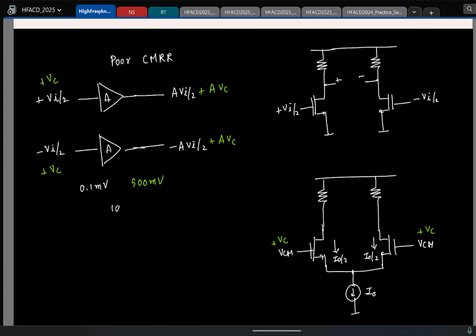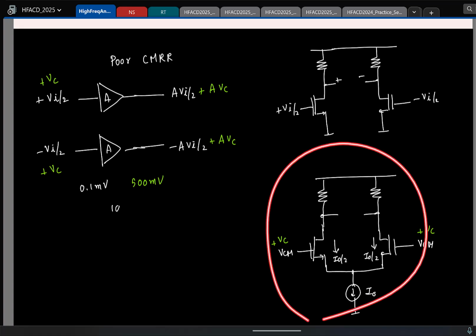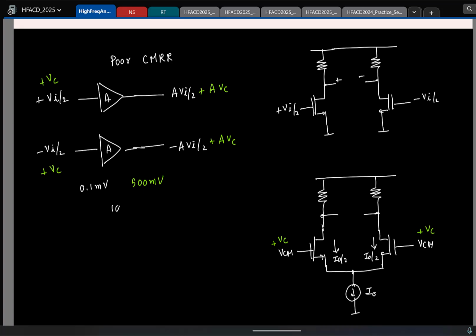Now what can you say about the currents in the transistors? Same. So what can you say about the outputs here? Will they change or not change? They will not change. That's why, if I have this structure wherein I have a constant current source used for biasing, even though I change the gate voltage in a common mode fashion, the individual outputs do not change.